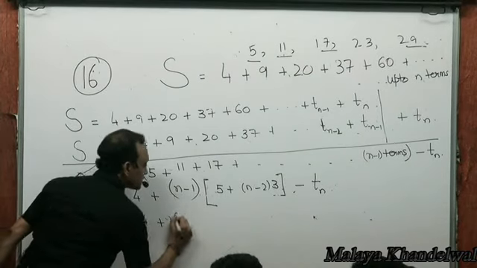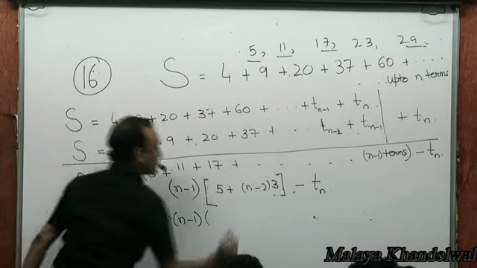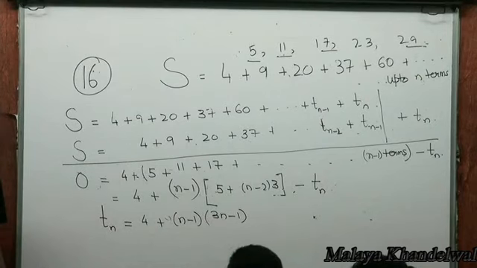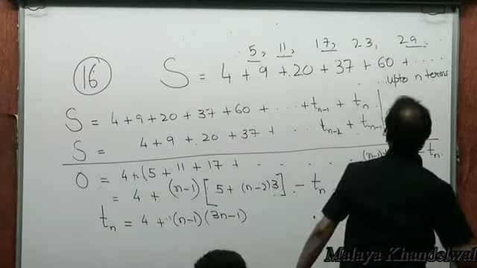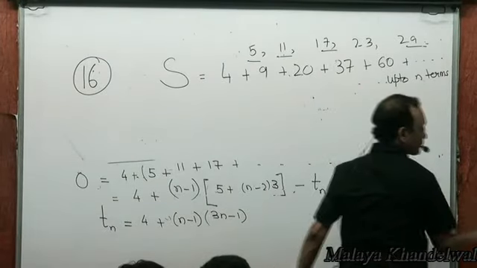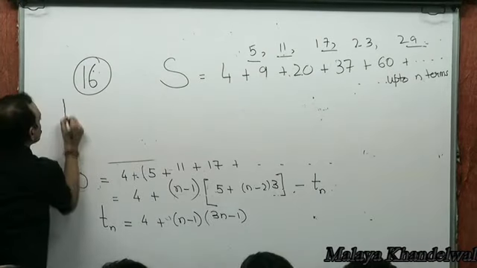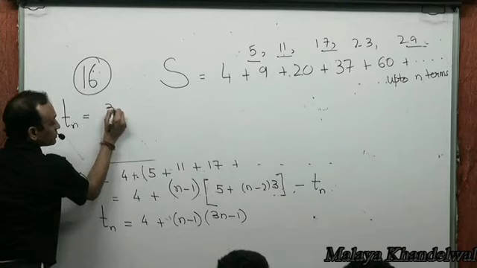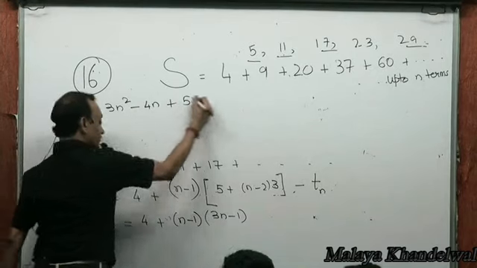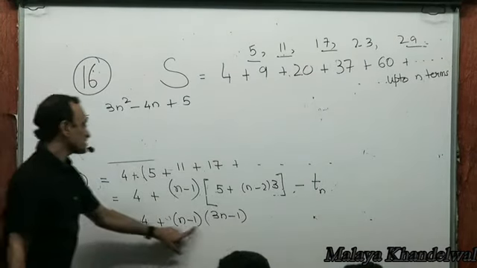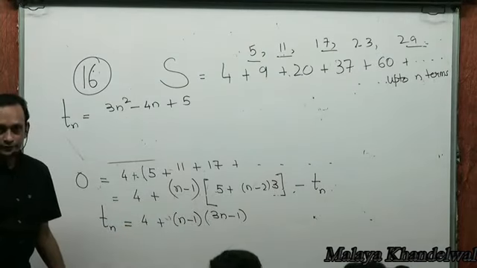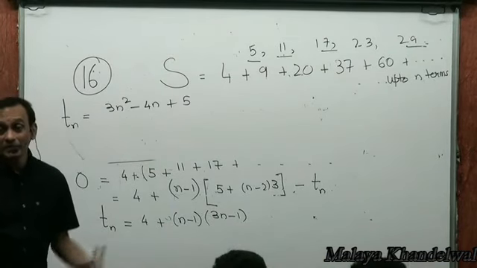So 4 plus n minus 1, and this is like 3n minus 1, minus 6 plus 5, right? Tn is 3n squared minus 4n plus 5. Yes or no? 3n squared minus 3n minus n minus 4n plus 1 plus 4, 5? Right?